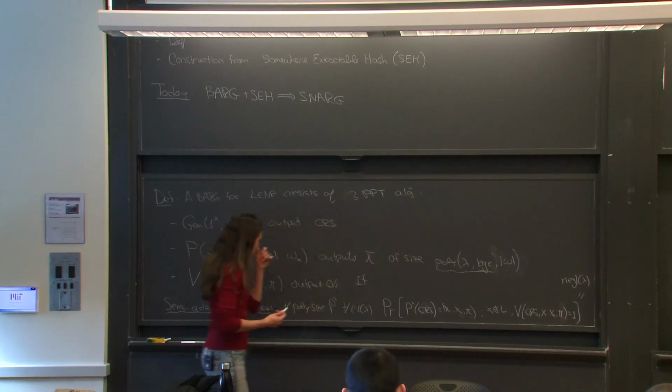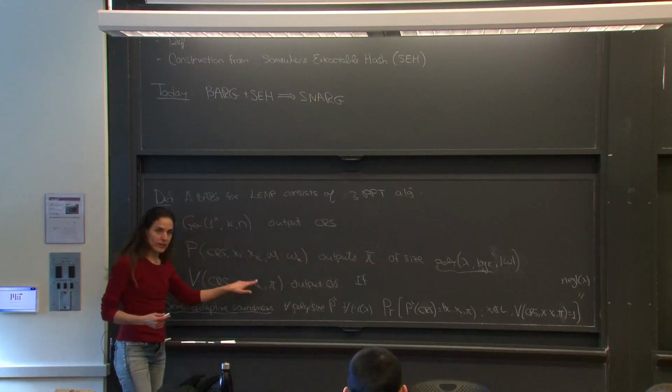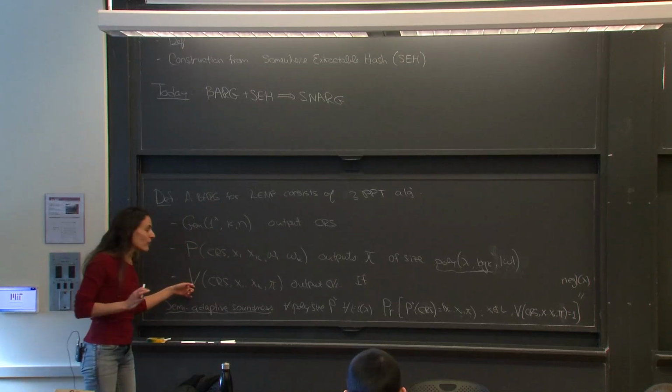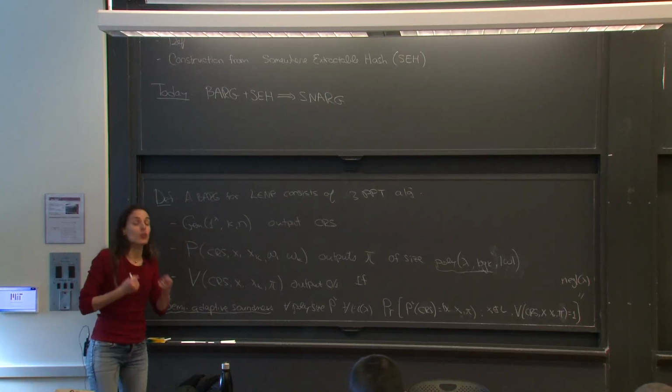So if there's a succinct description of these x1 up to xk, then the verifier runs in time polynomial in the description.